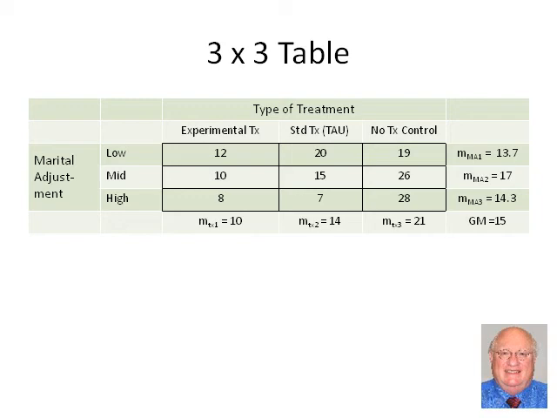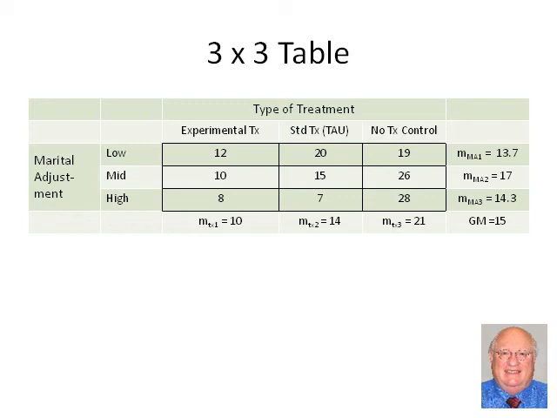Also, please note the means outside the table, or in the margins. These are the means for each level of the independent variable regardless of the effect of the other independent variable. Thus, the marginal mean 10 is the mean BDI score for the experimental treatment group combined across all levels of marital adjustment. Thus, the marginal mean for the experimental group is not affected by the marital stability of the participants.